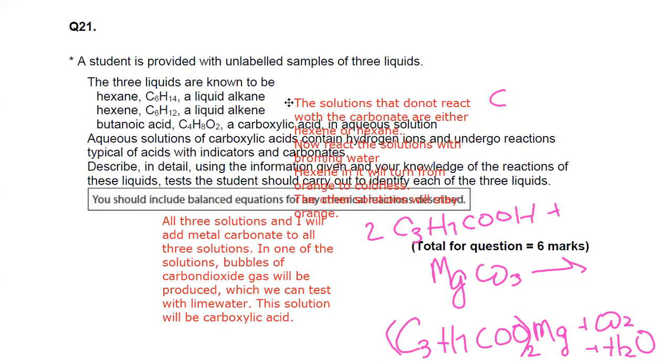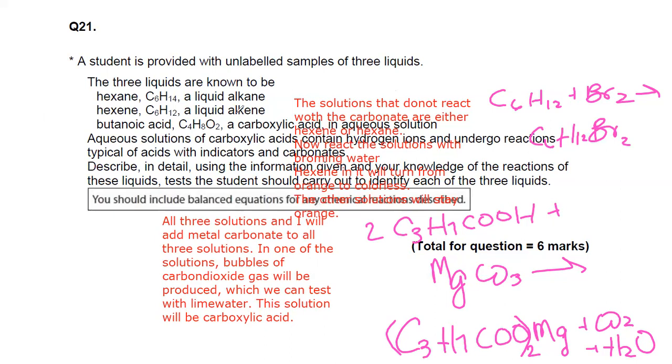I have my hexene, which is C6H12, and I will react it with bromine to give me C6H12Br2.